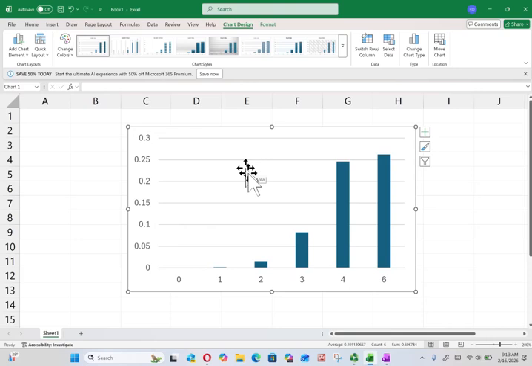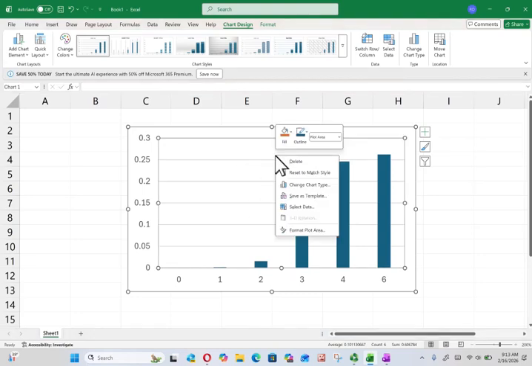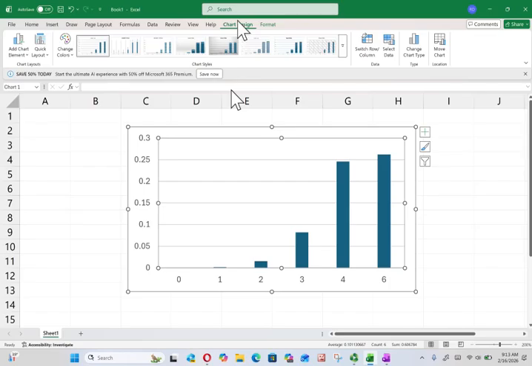In this, we're going to put a x-axis and a y-axis label on it. And if you click in the graph, right-click, we don't want to do that. That's not going to work. We want to make sure chart design is marked. If you right-click in here, you'll get chart design at the top. And on the far left at the top is add chart element.